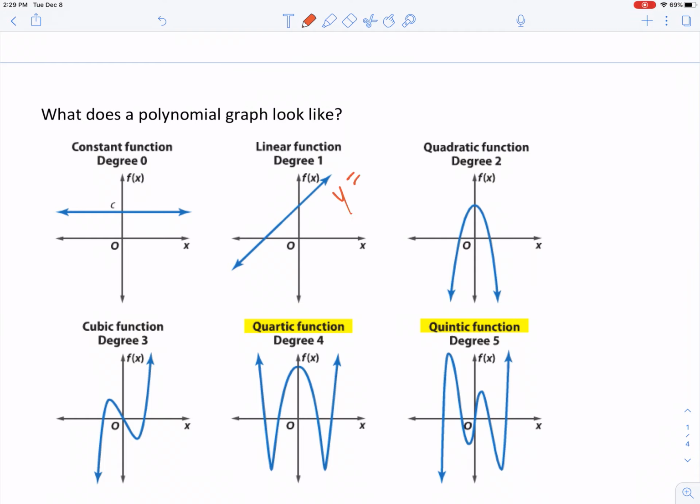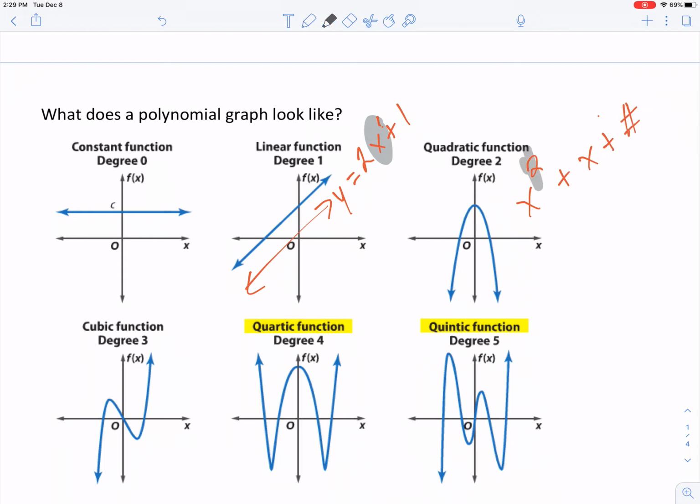So like this is y equals mx plus b, like maybe 2x plus 1. The exponent on this x is 1. Okay, so it has a degree of 1. So it's a nice slanted straight line. Degree 2, notice it's a quadratic, x squared plus x plus a number there.